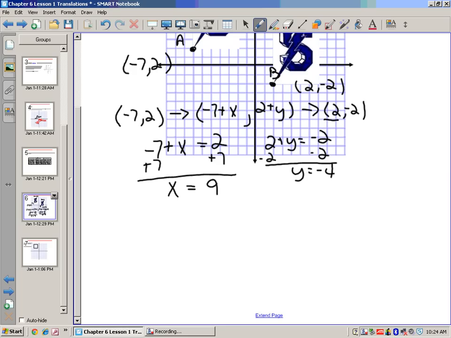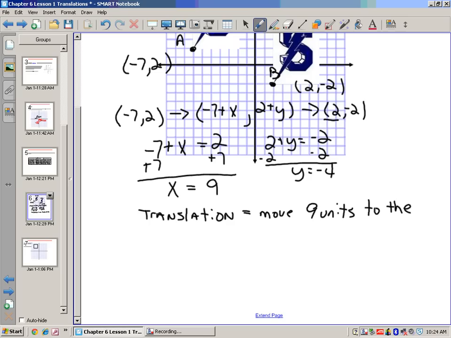What was our slide? So what we did was translation equals, what do we do for our x? It's a +9, so we move 9 units. You always see the word units moved in translations, 9 units to the right, because it's positive, so it went to the right.